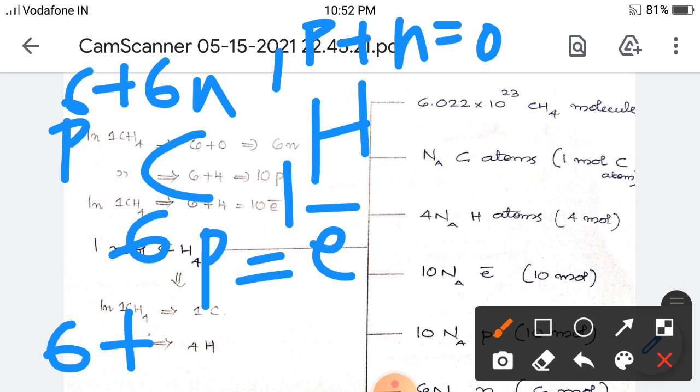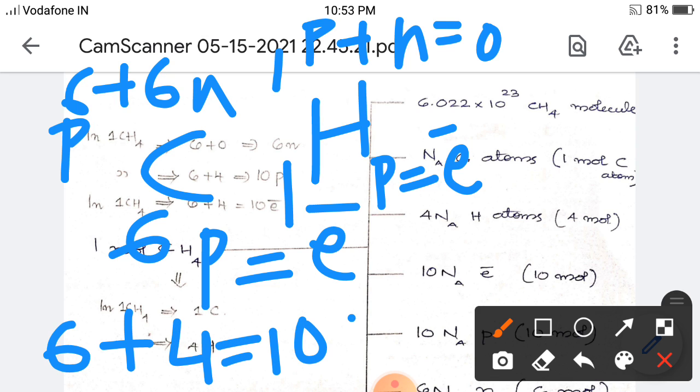Hydrogen is neutral, so proton equals electron, so 1 electron. With 4 hydrogens, 4 into 1 is 4 electrons. 6 plus 4, total 10 electrons. So 1 molecule of CH4 contains 10 electrons.